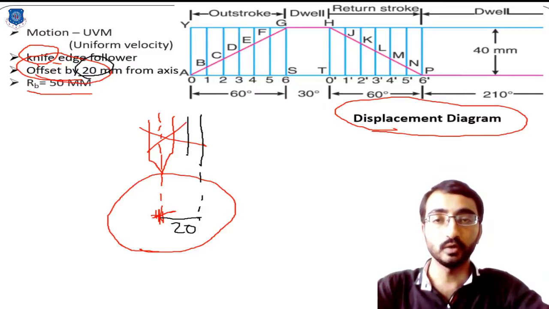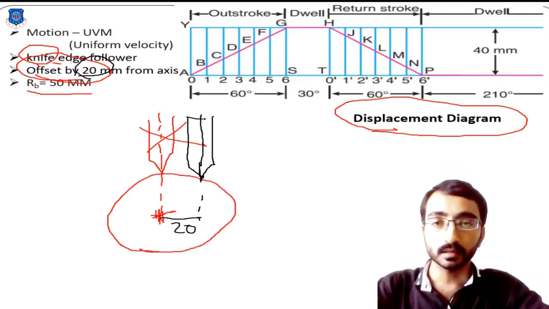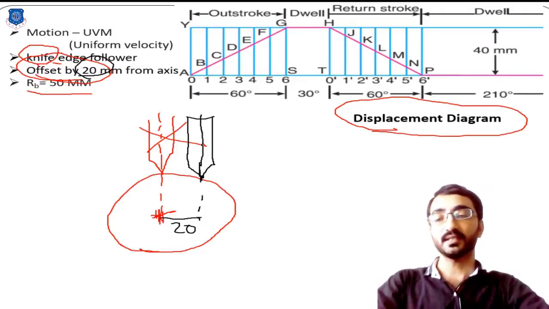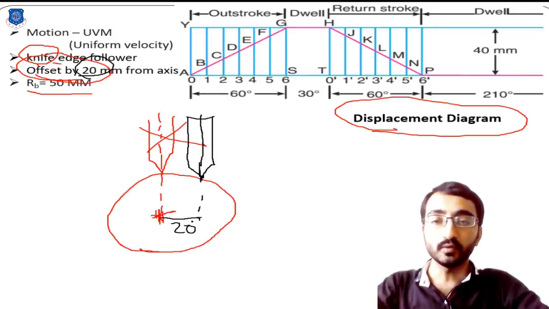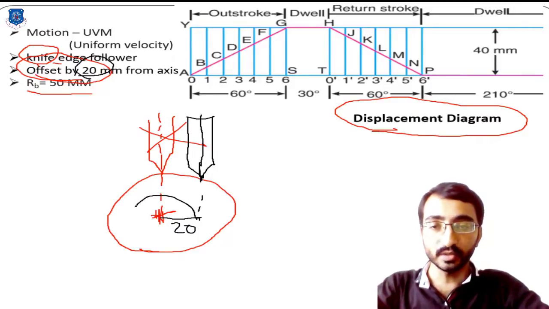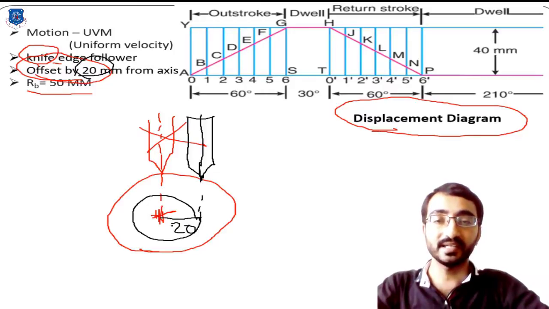Okay, so be careful, the first change that you need to consider while solving this cam profile for offset follower is that you have to plot one circle which is known as an offset circle, and this offset circle has the radius as the distance given in the offset. Okay, so over here you can simply sketch like this.